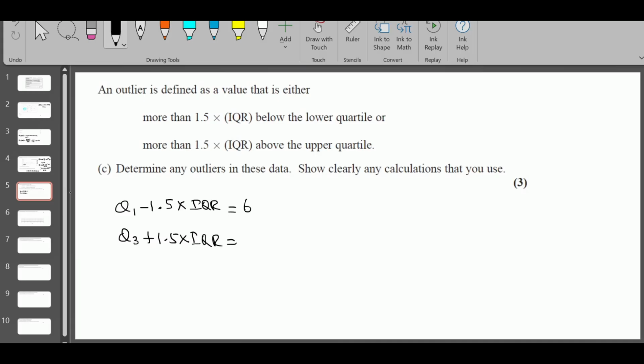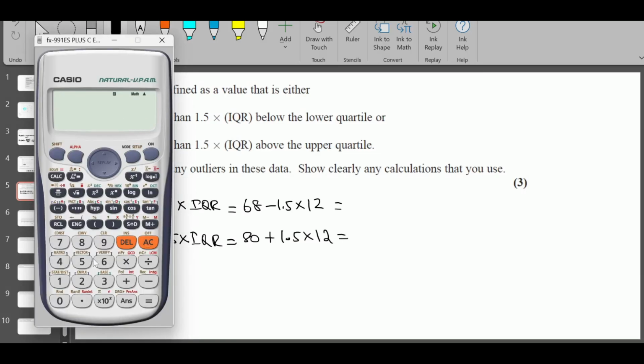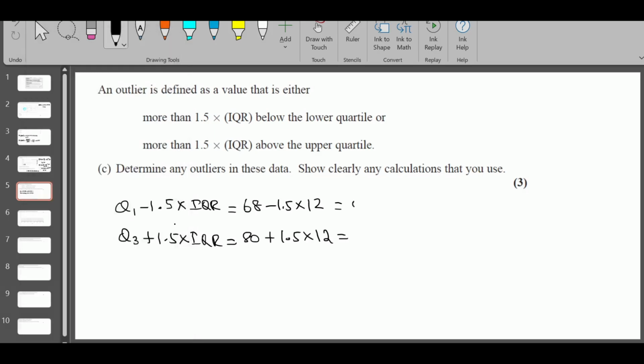Q1 is 68 minus 1.5 times 12, and 80 plus 1.5 times 12. So 1.5 times 12 is 18. 68 minus 18 is 50. 80 plus 18 is 98. So any value smaller than 50 or bigger than 98 is considered an outlier.